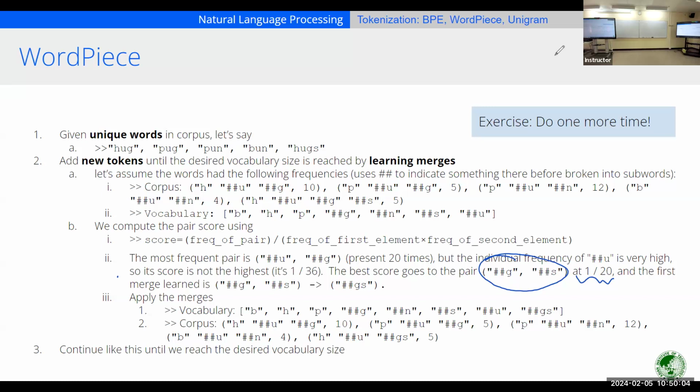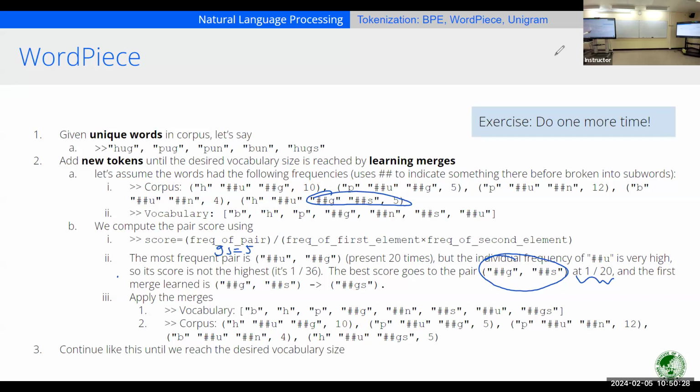All right. So now, GS, what is the frequency of the pair? 5, right? GS, yeah, it's here. So GS equal to 5. How about G? 20.